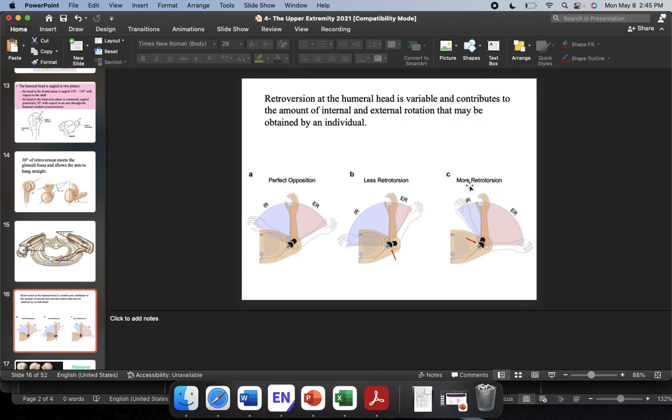And then if a person experiences additional retroversion, so beyond that 30 degrees, it translates often into a range of motion change with more external rotation and less internal rotation.